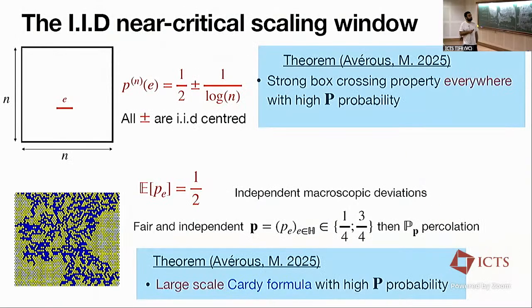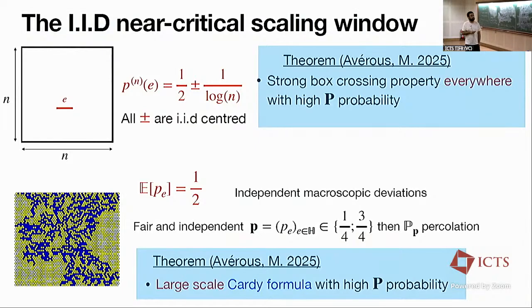And now, what is our theorem? Before, I was excluding Q equal to 1 for this near critical scaling. If you still look at your model on the torus, what you can do is, without a correlated correction, take independent random variables which deviate by at most 1 over log n from the original 1/2 value, and those plus-minus deviations are IID.